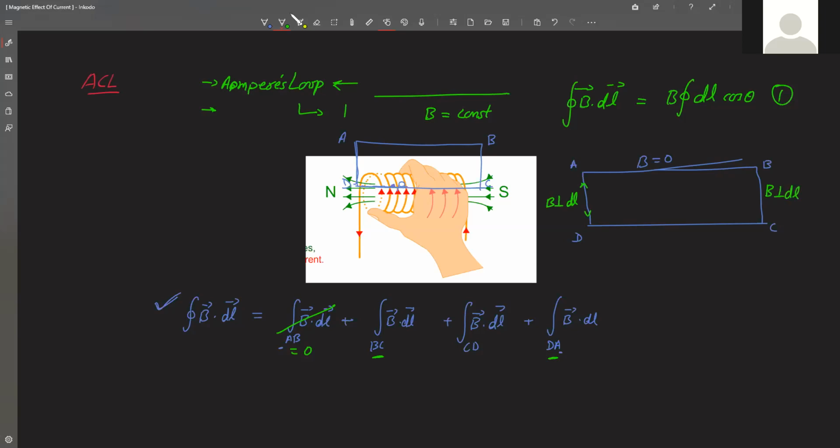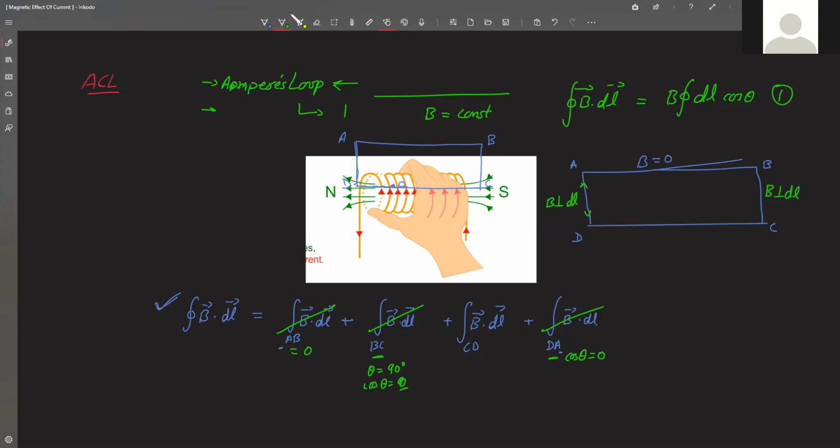So in both the cases, we have theta equal to 90 degrees, so cos theta is equal to 0. So here also cos theta is 0. So that means even this segment and this segment is gone. All these 3 will contribute 0.